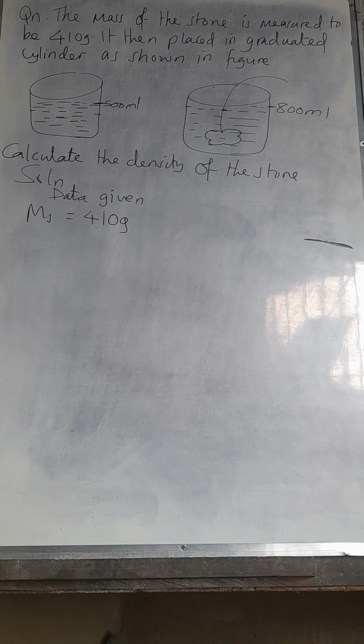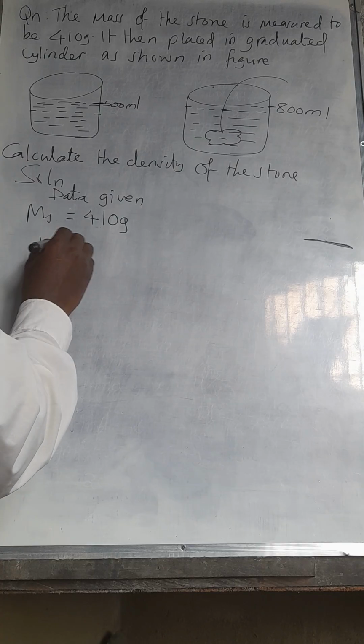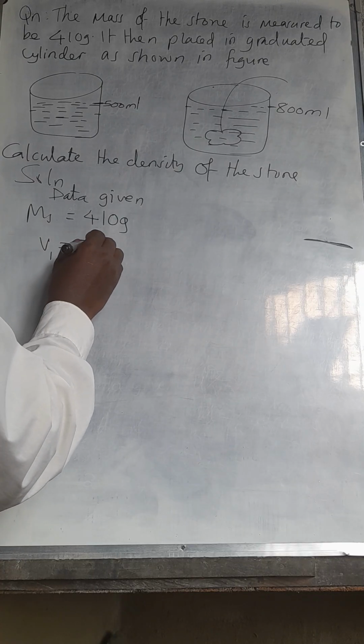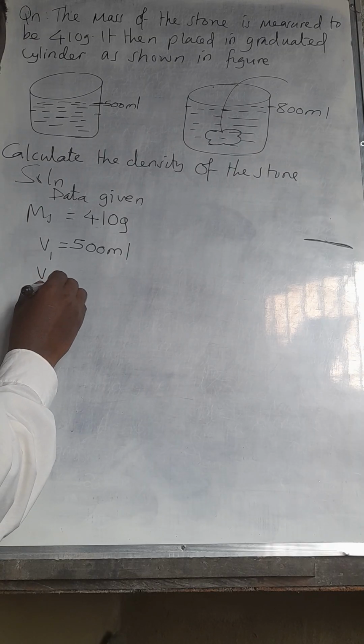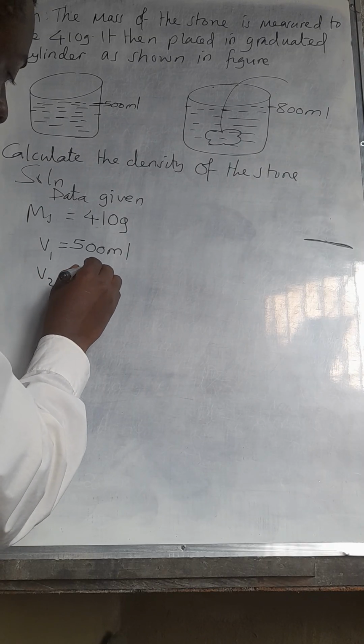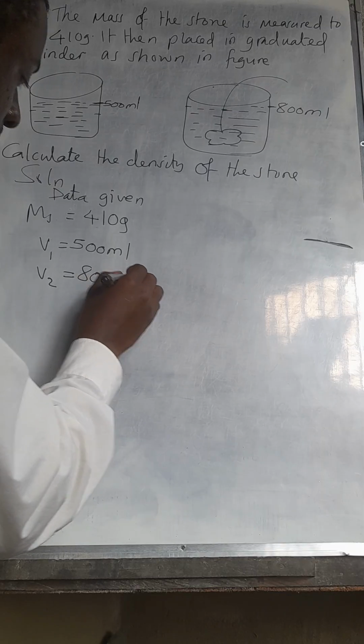You may see now we have the volume of liquid. Volume one is almost 500 mL, and also we have volume two, which is almost 800 mL.